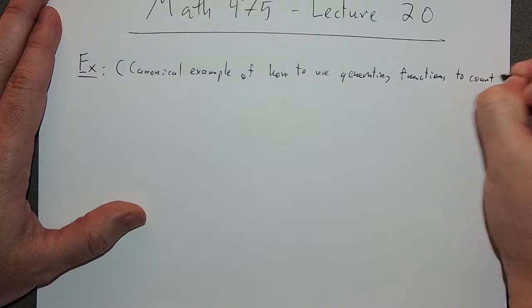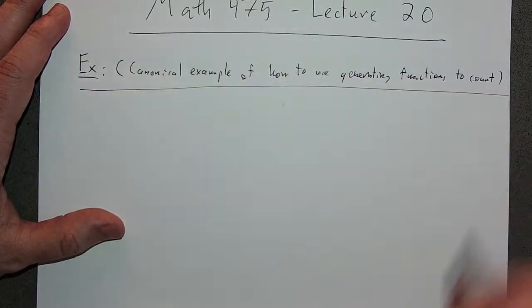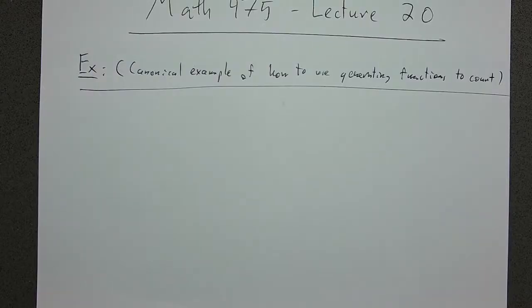It truly is the canonical example because it is even the thing that kick-started the whole field of combinatorics, and where you see appearances of Pascal's triangle and these binomial coefficients showing up for the first time.